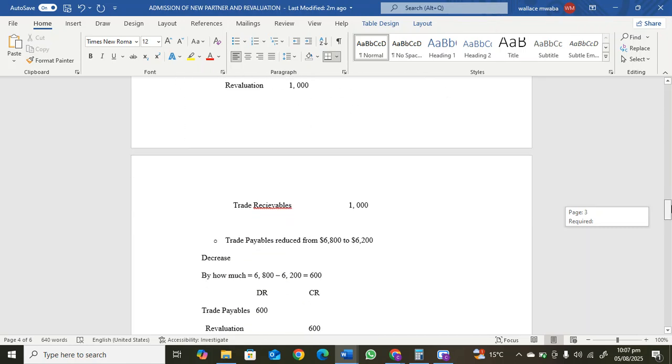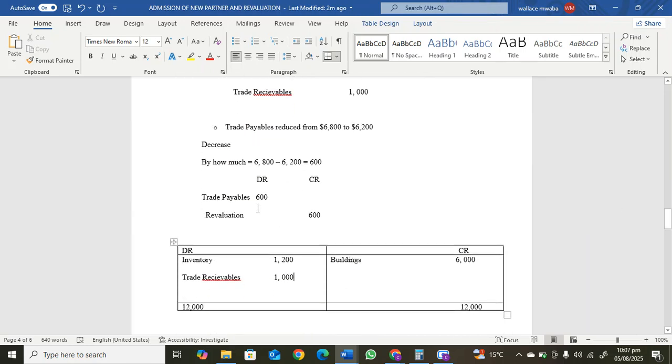Then the next one, we credit revaluation account 600. So with the revaluation account, you're going to see, are the gains more than the losses?